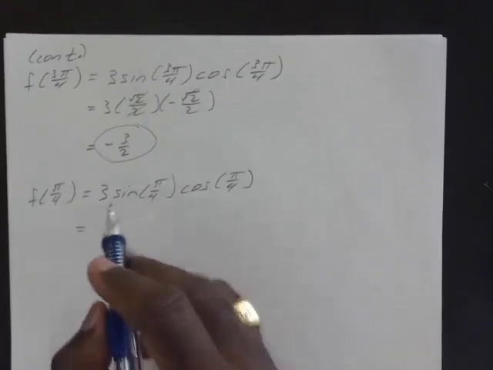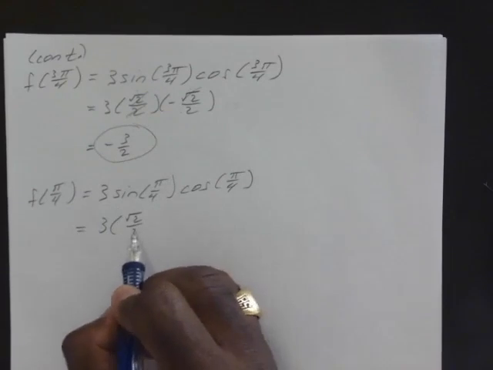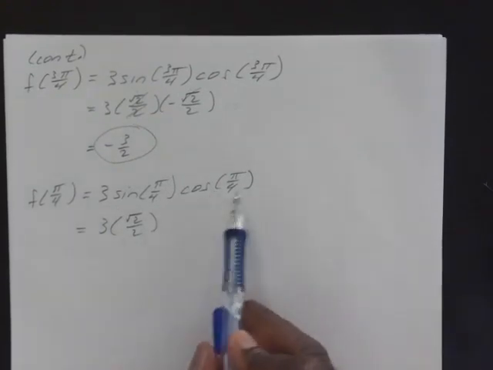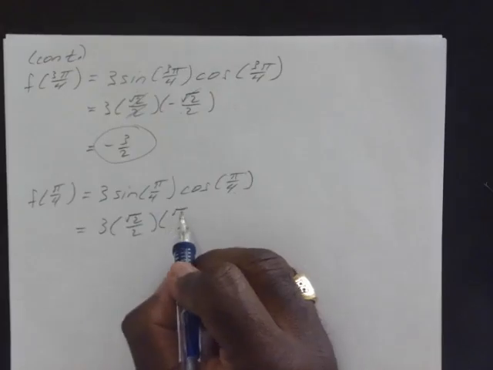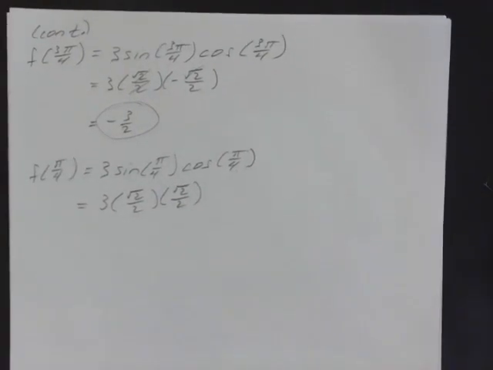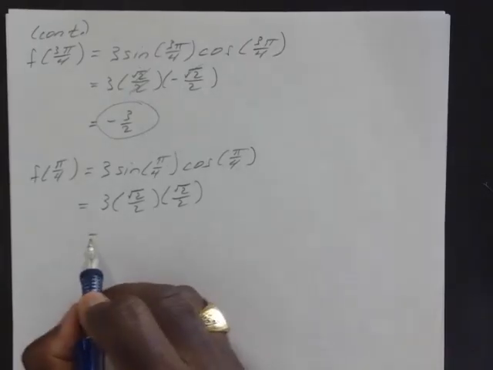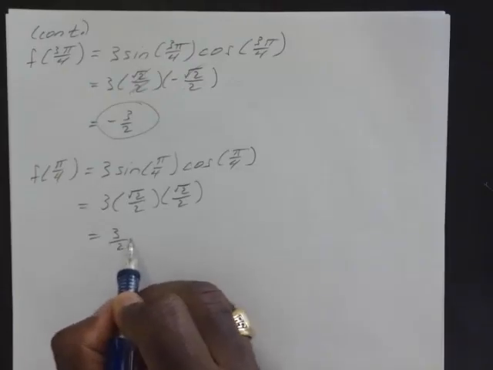Okay, well, sine of pi over 4 is square root of 2 over 2. So that's 3 times square root of 2 over 2. And cosine of pi over 4 is also square root of 2 over 2. And that gives us positive 3 over 2.